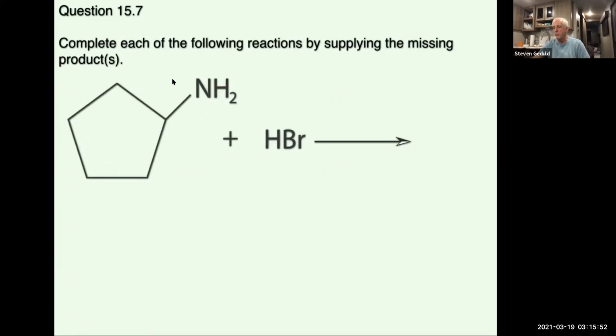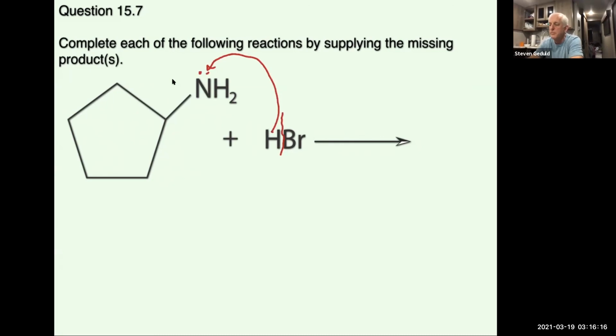Okay, what's it going to form? Think about it just for a second. Remember, on the amine there are non-bonding electron pairs, so the hydrogen is going to bond there.